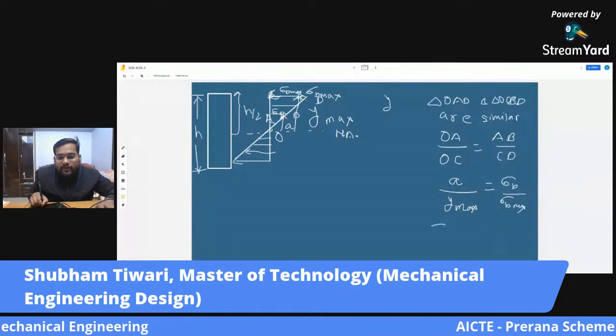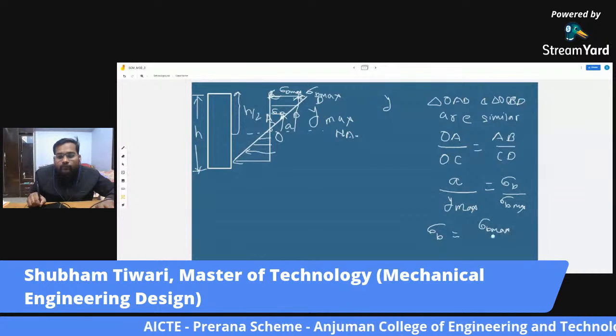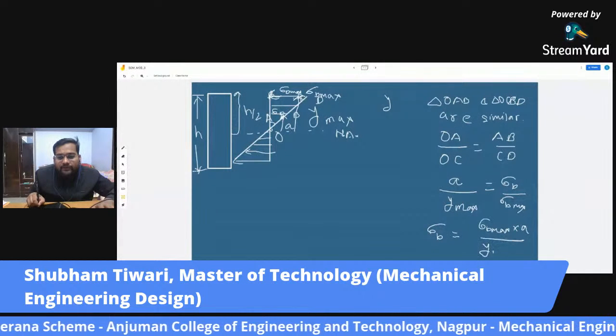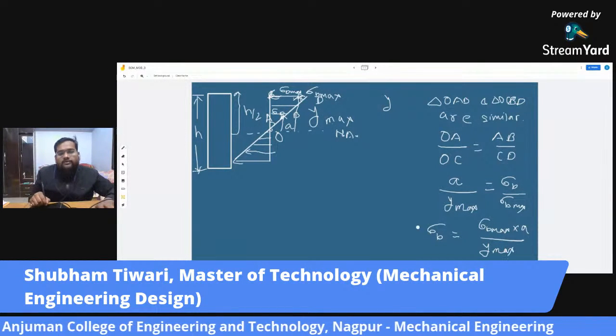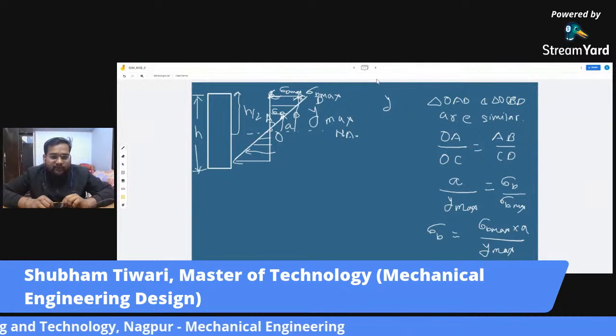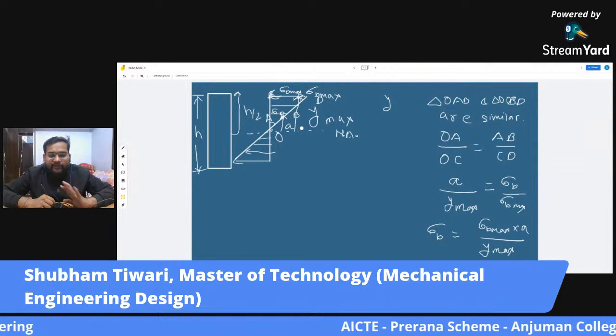So sigma b will equal sigma b max multiplied by a upon y max. So by using this simple concept of similarity of triangles, we can find the bending stress at any given layer.